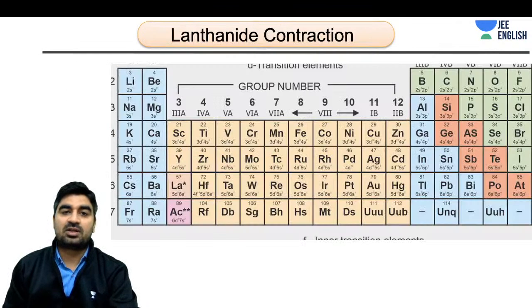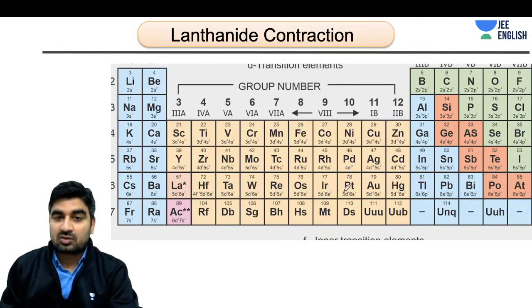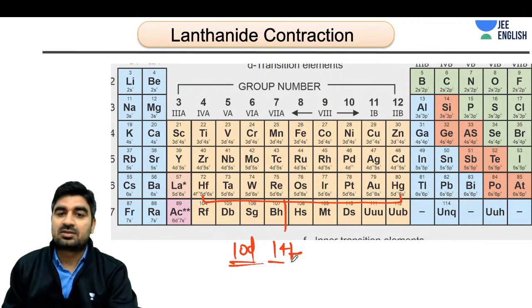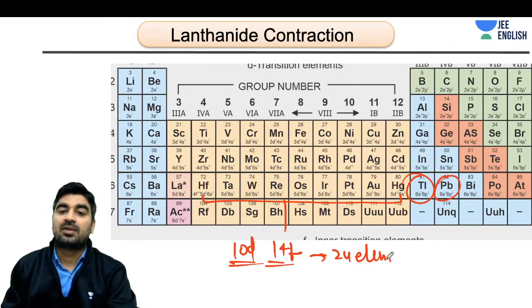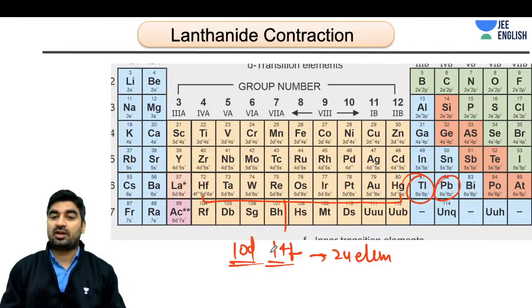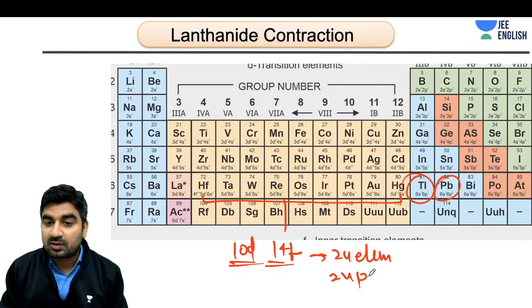Again, I will tell you what this inert pair is. So guys, in this case we have a 14 f element and a 10 d element. So overall there are 24 elements before helium and Pb. If 24 elements are there, then along with 24 electrons, 24 protons were also added.